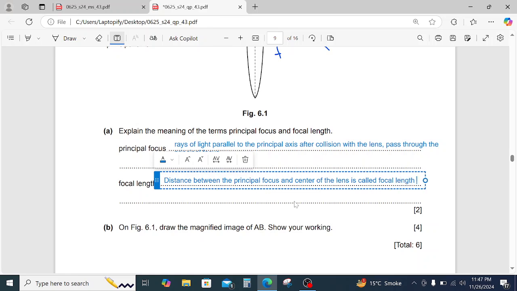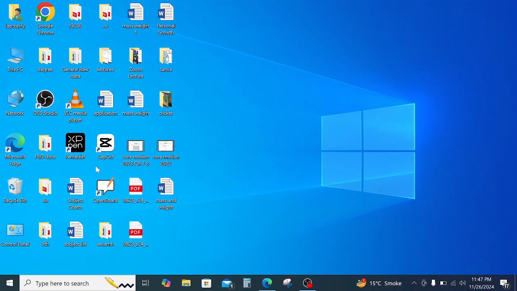Okay. On figure 6.1, draw the magnified image of AB, show your working. So I will move towards the whiteboard.